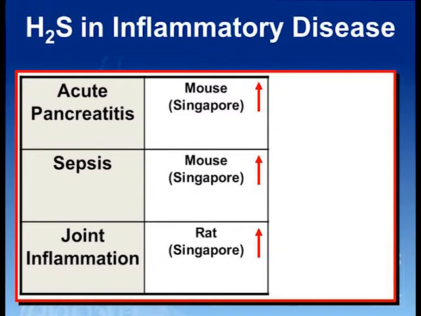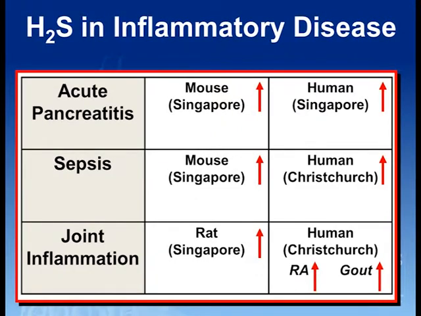Now, how about the clinical situation? We have very small number of patients for each of these, but we have clear data. We did some work with colleagues in Singapore on human acute pancreatitis. We found that there was an increase in H2S levels in human acute pancreatitis, in severe acute pancreatitis.